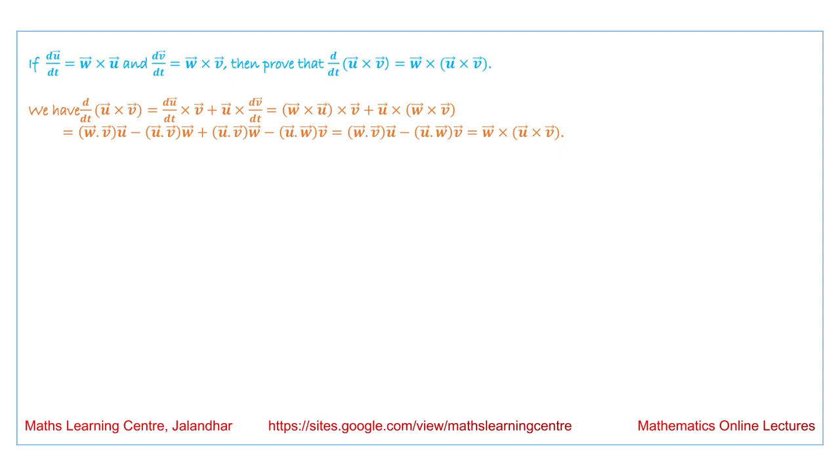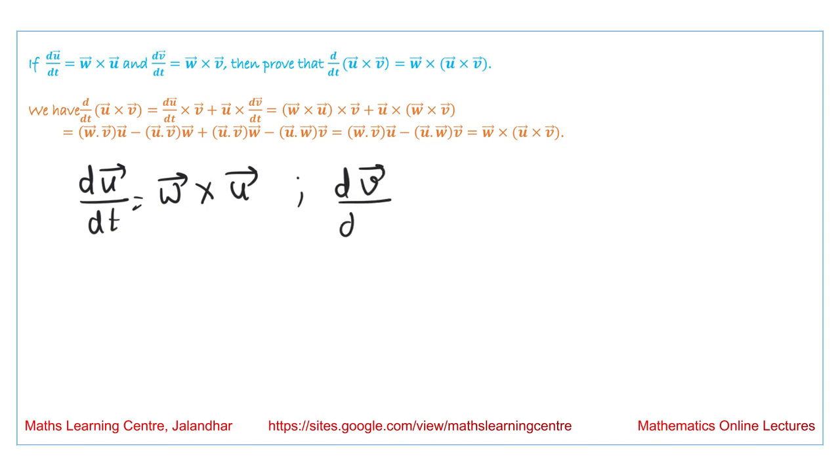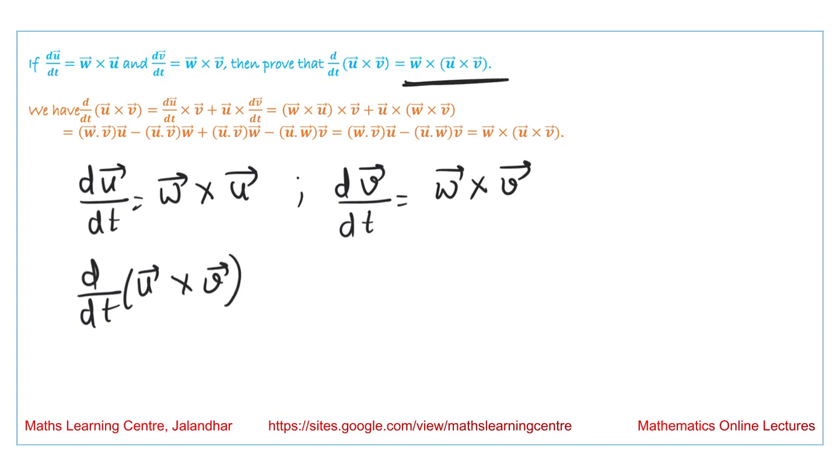Next: if du vector by dt is equal to w vector cross u vector, and dv vector by dt is equal to w vector cross v vector, we have to prove that d by dt of u vector cross v vector is equal to this value.